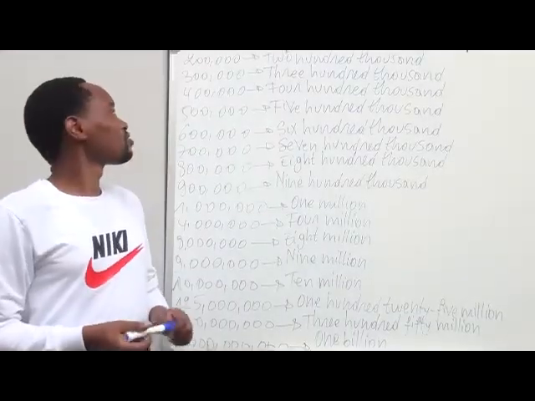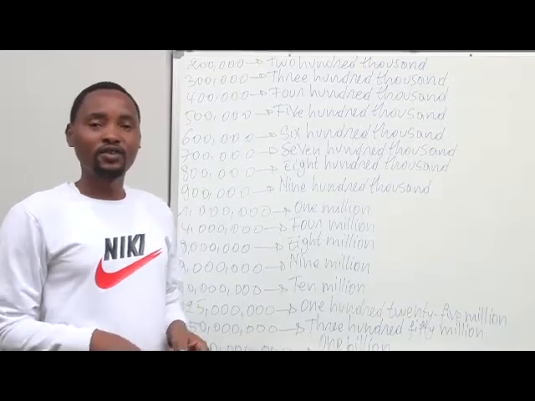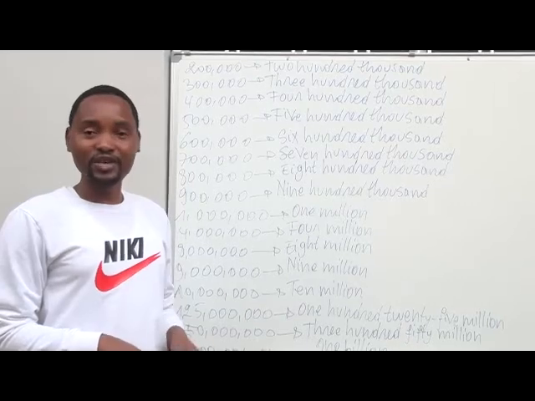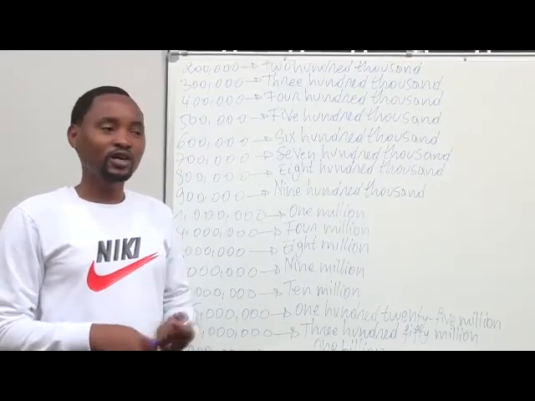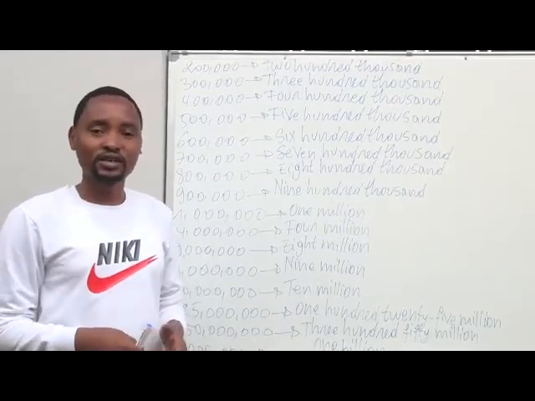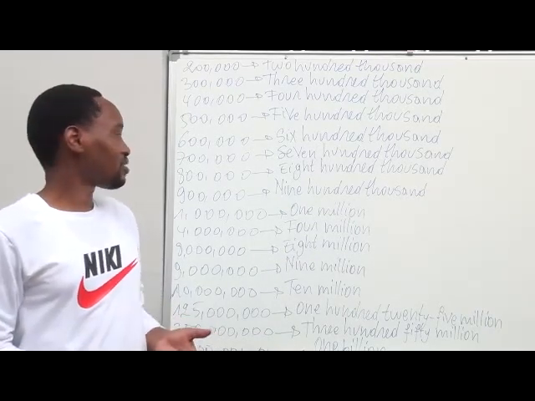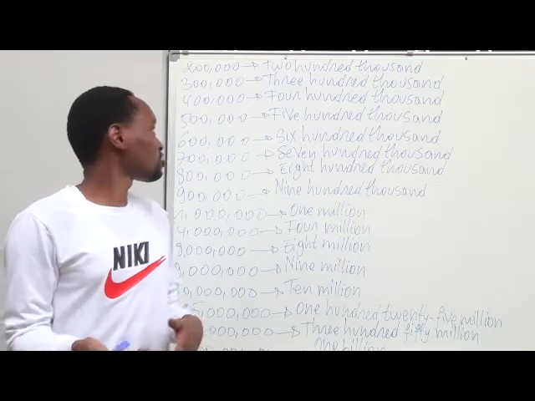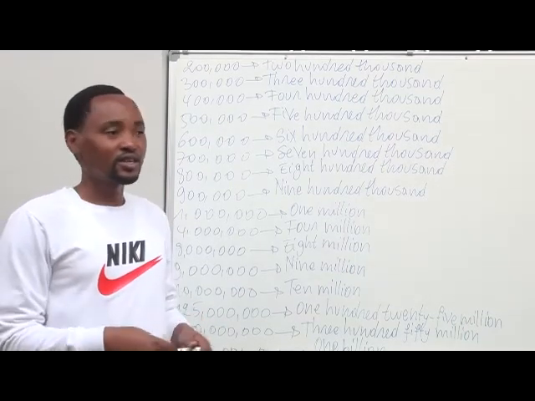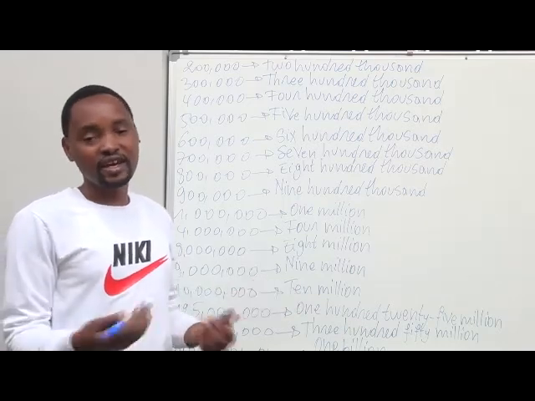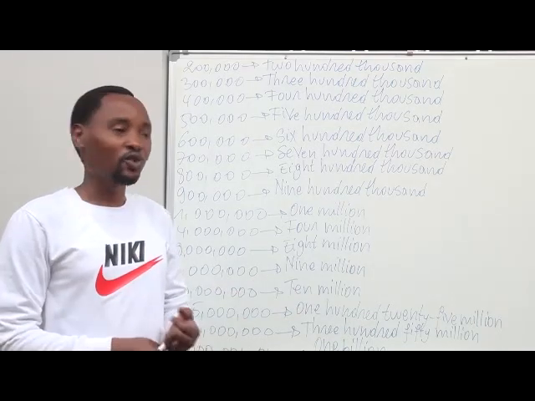So let's continue with other numbers beyond 100,000. We are now going to see how to count from 200,000 to 1 billion. Because you have already seen how to count from 1 to 100,000, this will be quicker and easier than what we have seen before.